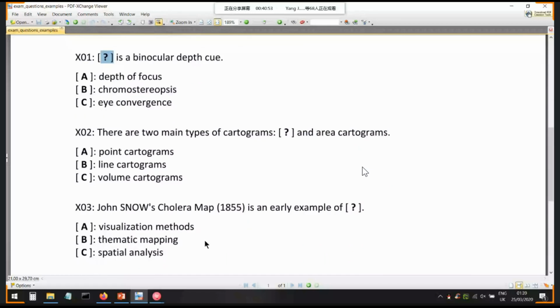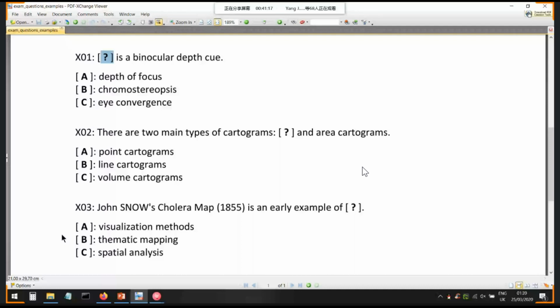Or John Snow's cholera map from 1855 is an early example of visualization methods, thematic mapping, or spatial analysis. As you know, there is just one and only one right answer.